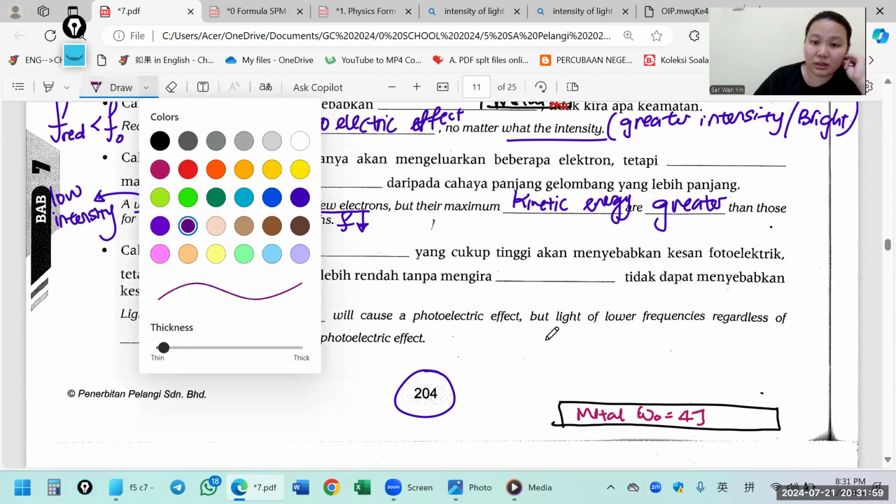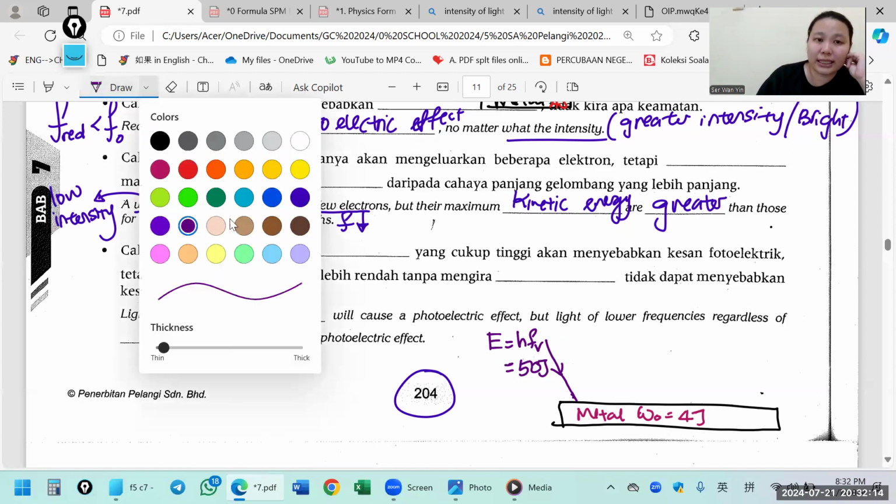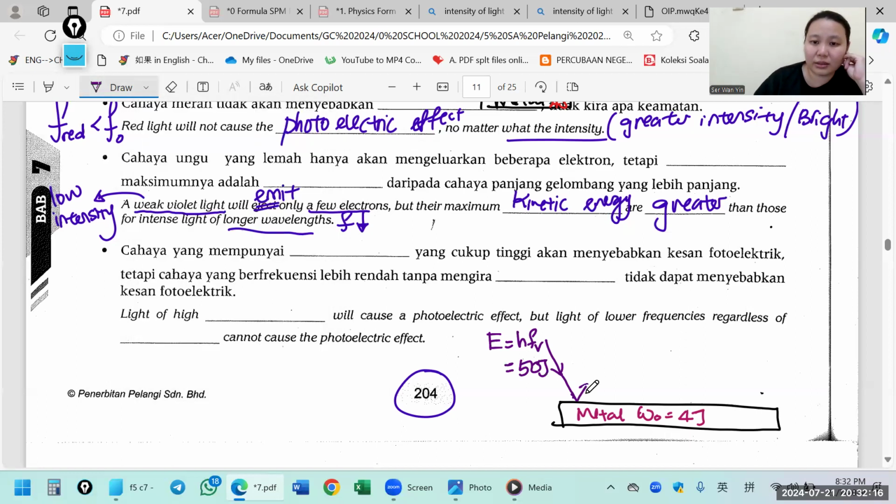So if this is E equals hf violet, maybe it is 50 joules. Okay, so the electron that will be emitted will have kinetic energy about 46 joules left.